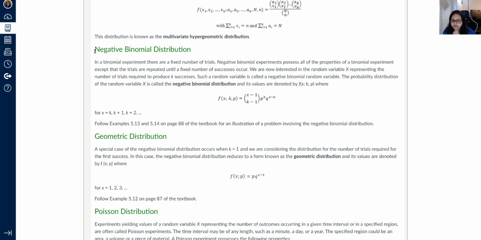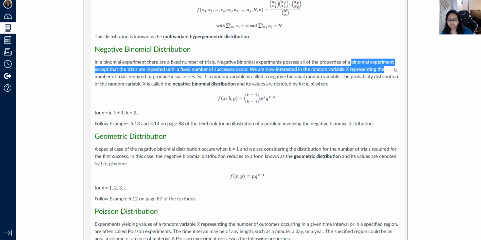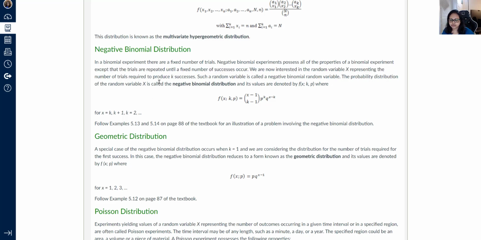So let's talk about the negative binomial distribution. It satisfies all the properties we have in the binomial distribution. The difference is that we repeat the trial until we get a fixed number of successes.